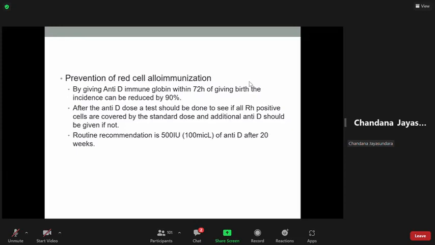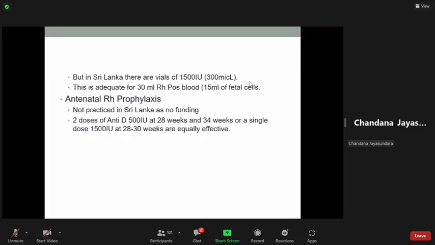Normally, 500 international units is enough to neutralize about 5 ml of fetal cells.